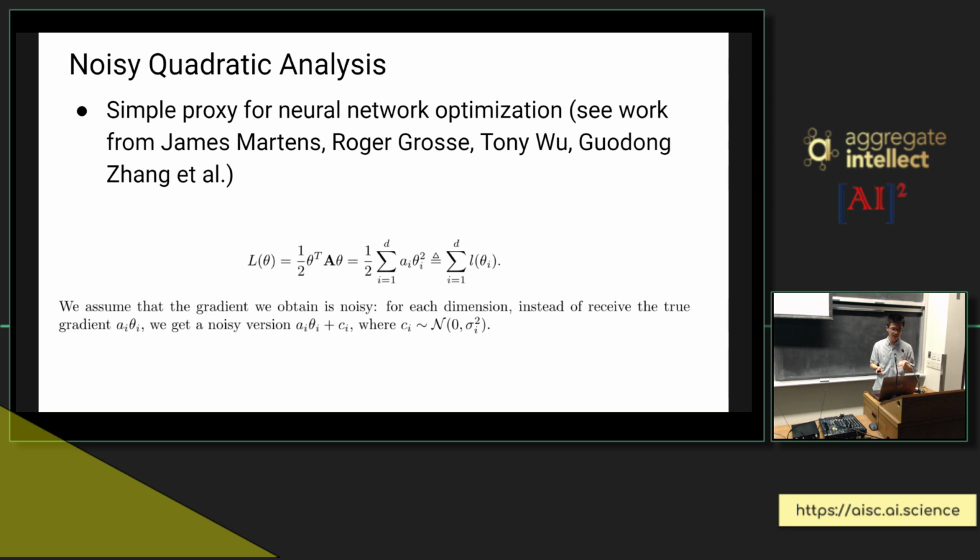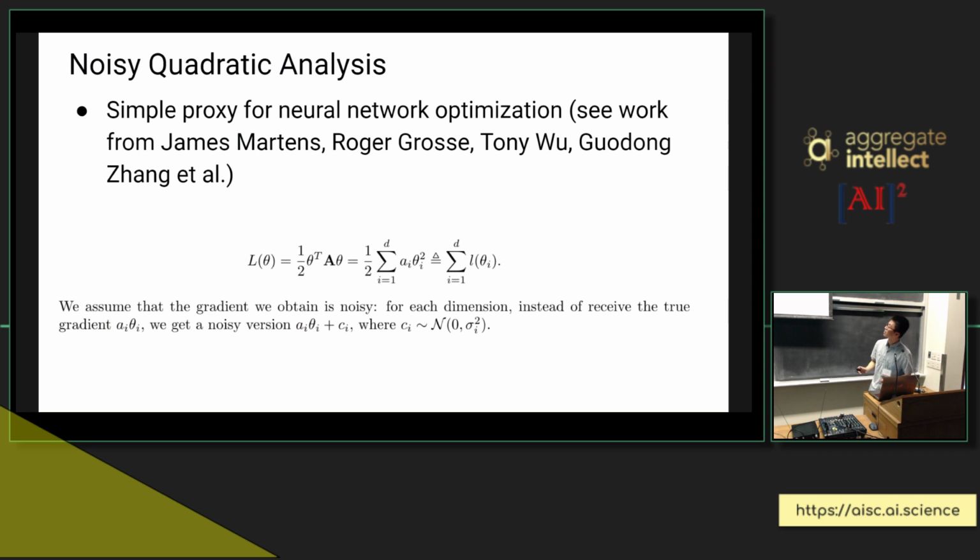Instead of getting the true gradient, which would be a_i theta_i here, we get a noisy version along each dimension: a_i theta_i plus c_i, where c_i is drawn from a normal Gaussian distribution. This models the stochasticity from training your model, and it does a good job of explaining effects of batch size, which recent work from Guodong has shown are well explained by this model. So this is the model we use for our analytical analysis.